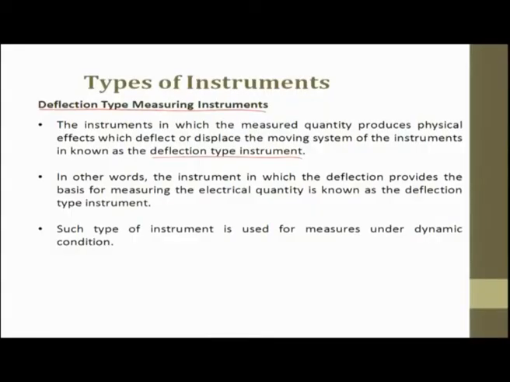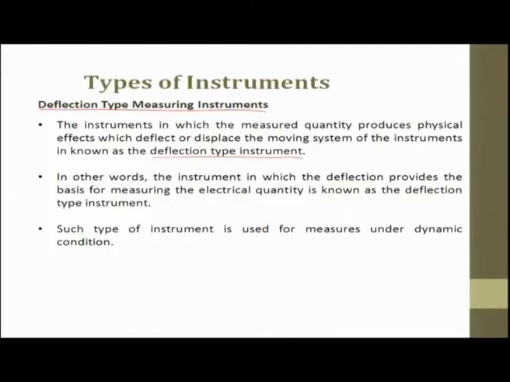You have a meter, it is an analog type, you have a pointer, and this pointer moves left and right and tells you what the displacement is. It can be voltage, current, or distance, depending upon the instrument. So, deflection type are instruments in which the measured quantity produces a physical effect. You had an object, you had a dial gauge. The dial gauge is pressed against the object.